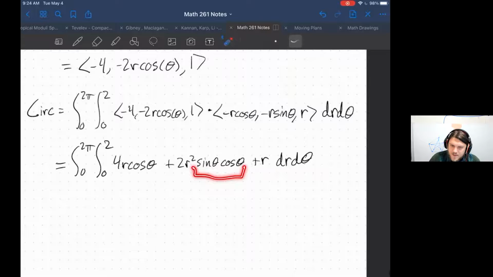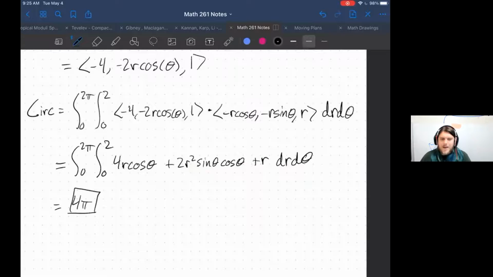Pick u equal to sine. But for this term, if you do that, it gets a little tricky. So make sure you break this up into two separate integrals, and then at the end of the day, you get a 4 pi for your answer.